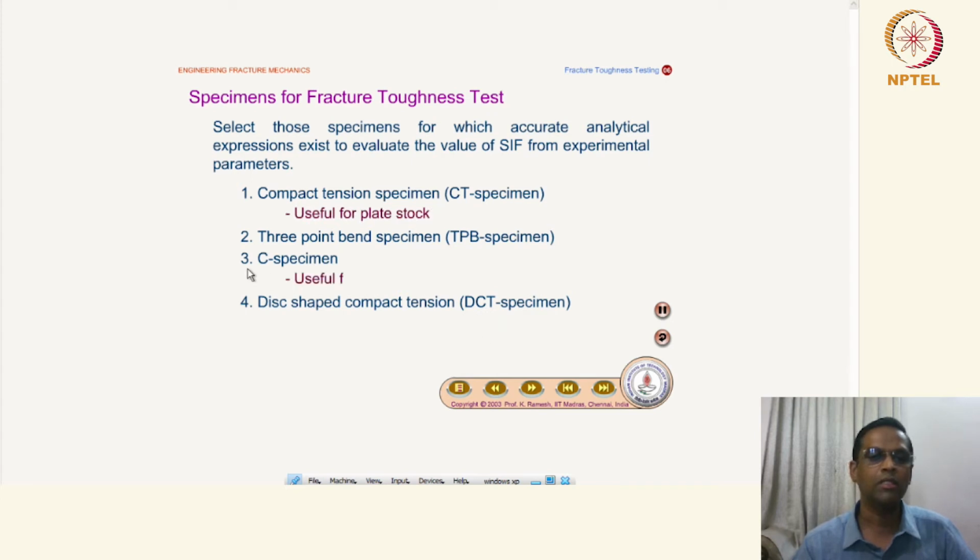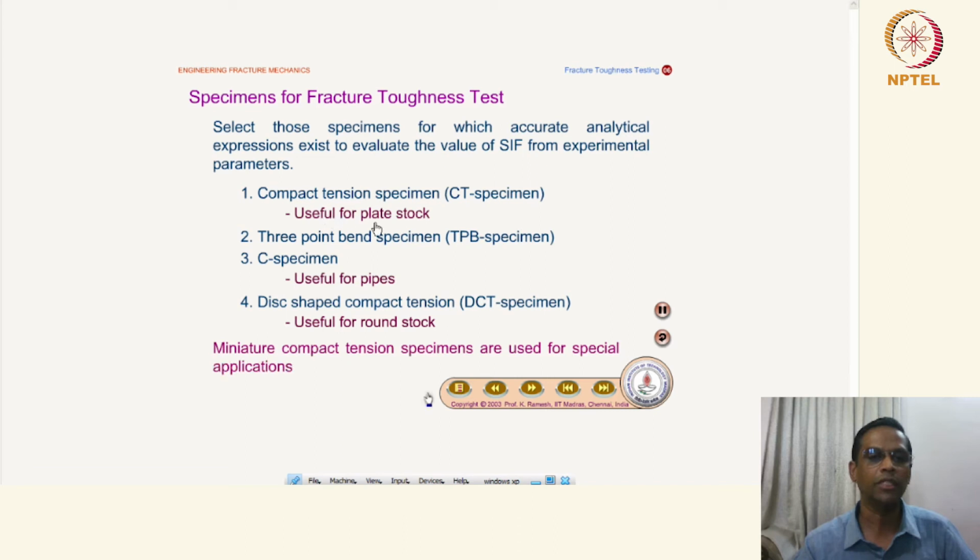All these also have different uses. You can see that CT specimens are useful in plate stock, C specimens are useful for pipes, and the disc-shaped compact tension specimen is useful for round stock.